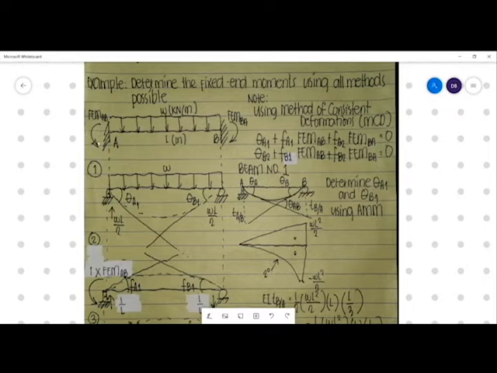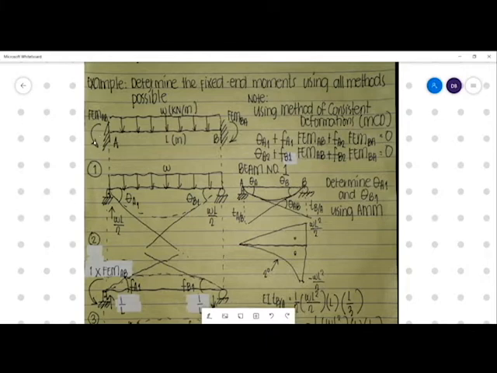But since we have another fixed support, there will be another three reactions. So we know the rest is history.